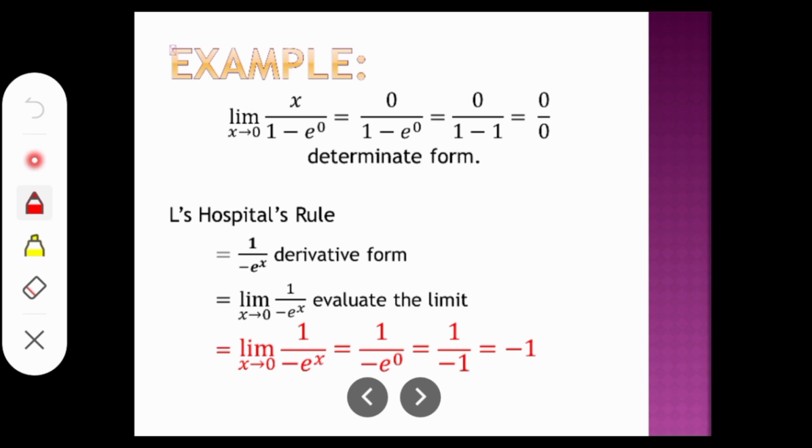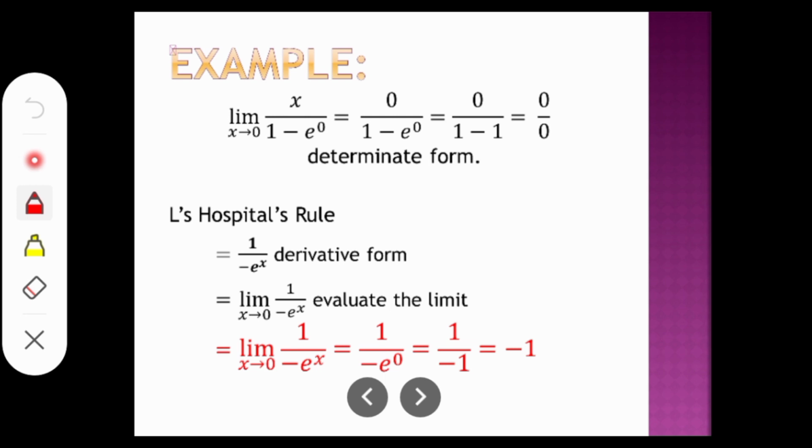Another example of using L'Hopital's rule: let's find the limit of x over 1 minus e raised to x as x approaches 0. Substituting x equals 0, we get 0 over 1 minus e raised to 0.